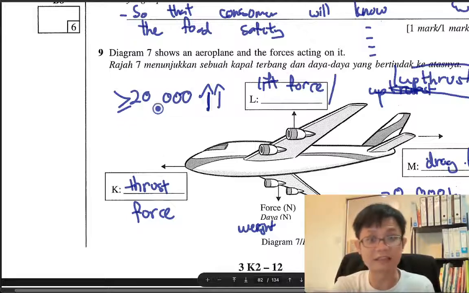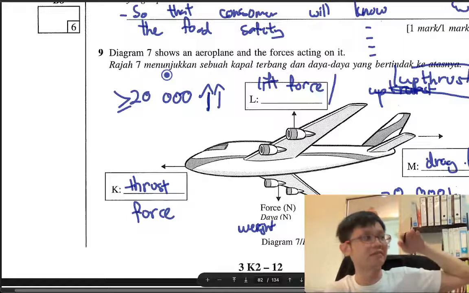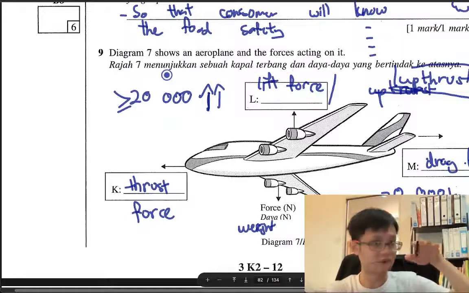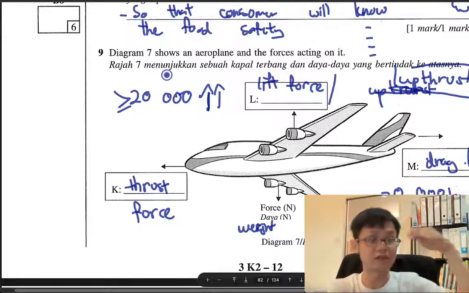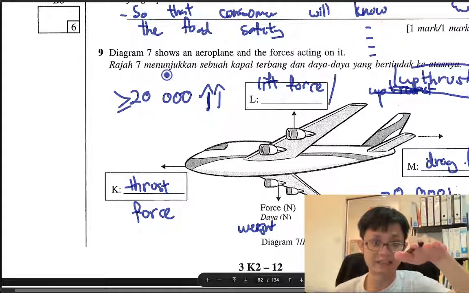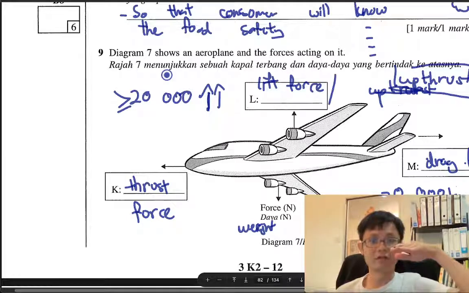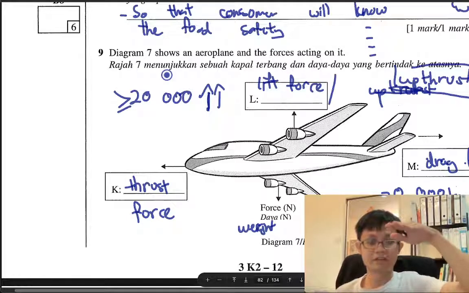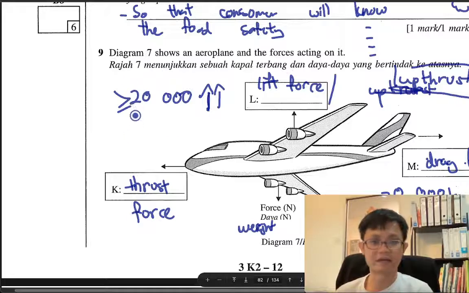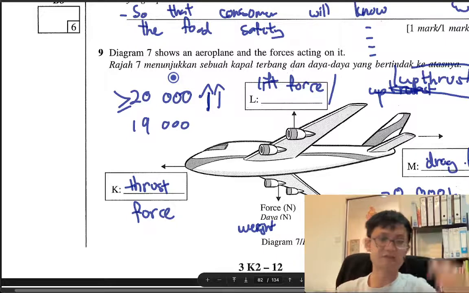If it is the same, the plane stays at the same altitude. It's not going up, because 20 is going up and 20 is going down, so the plane will fly straight. If you increase it, the plane will go up. If you decrease it, for example to 19,000 force, the plane will come down.